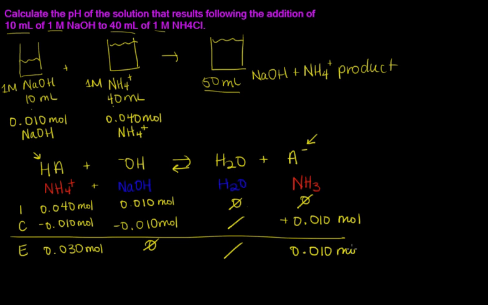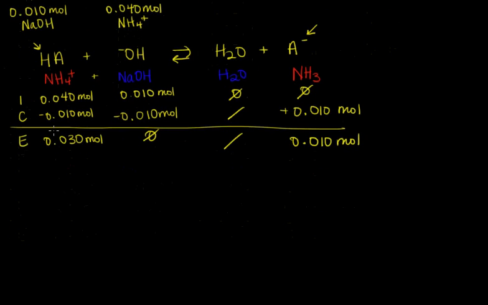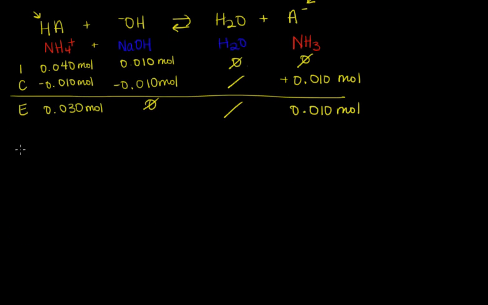So now we have different molar ratios of A minus and HA, and we have to solve for pH, so now we're going to use Henderson-Hasselbalch. In order to use this equation, we're going to have to look up the value of pKa for ammonium.